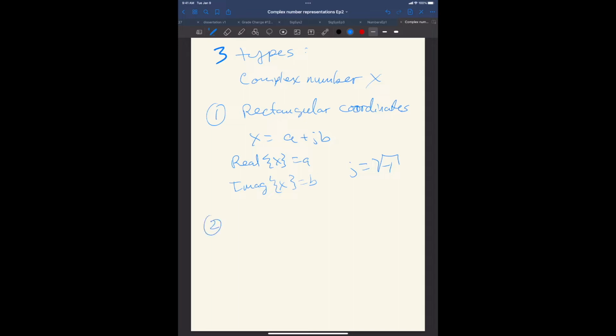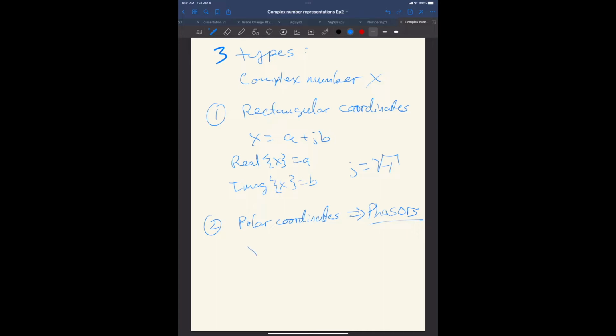The second form is polar coordinates, but we don't call it that. We really call it phasors.